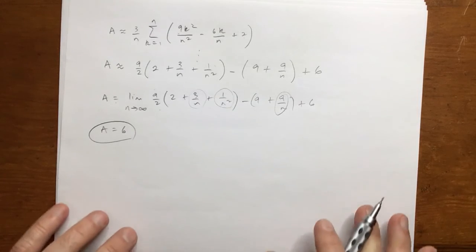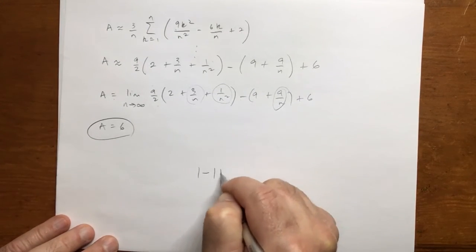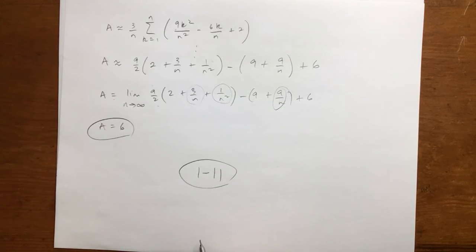And now I think you guys can do 1 through 11 on the review. This is kind of a tough part of the review. Let me get the review out really quickly. I hope I can find it quickly enough. I think the wording on some of the problems may be a little odd. Let me look.